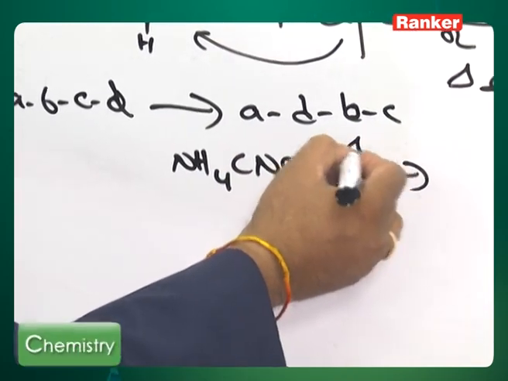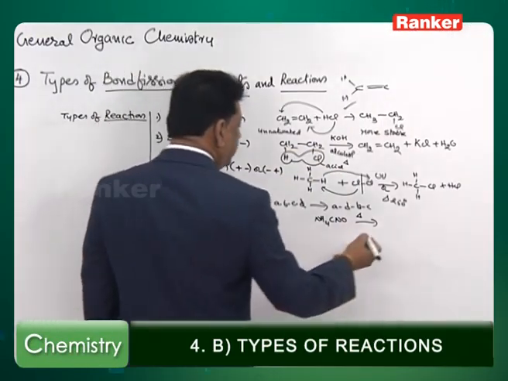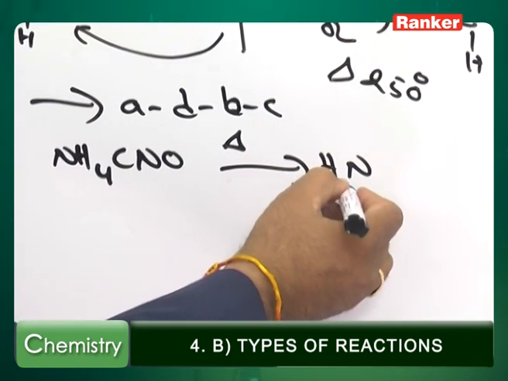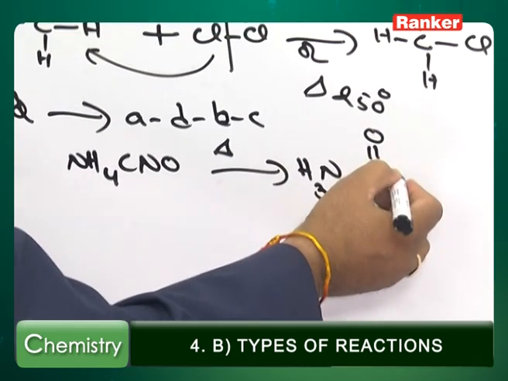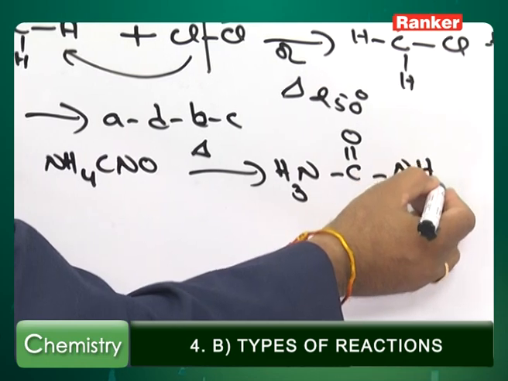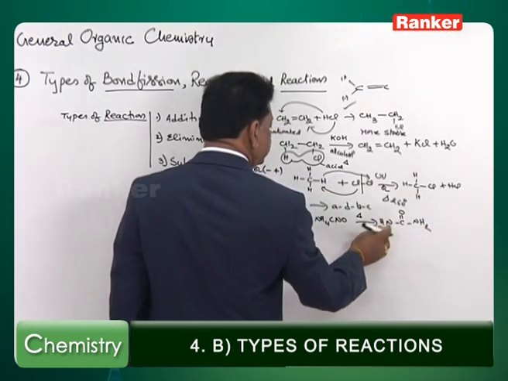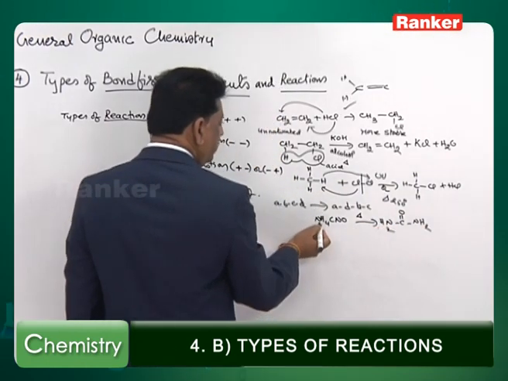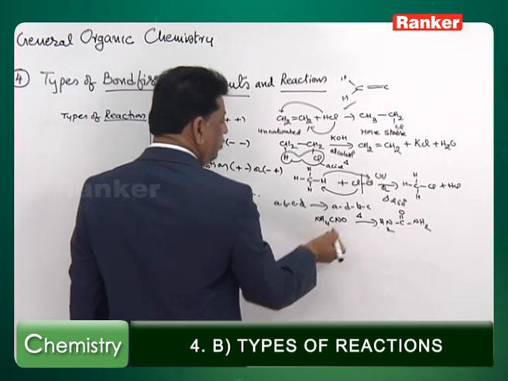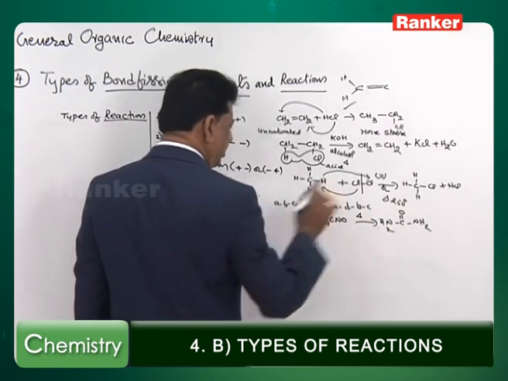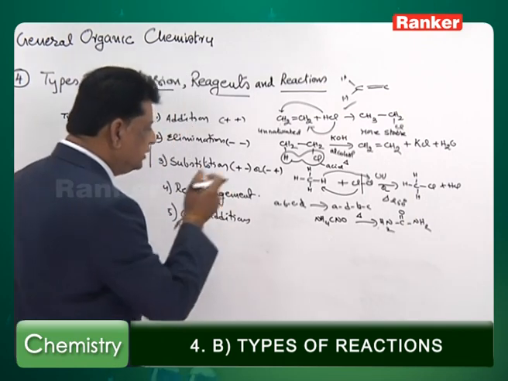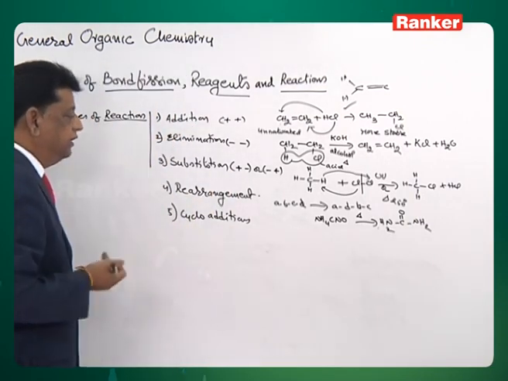On heating, ammonium cyanate gives a urea molecule. In the first case there is a nitrogen, 4 hydrogens, C and O. The same atoms are there, the molecular formula is same, but structurally this is different from that.